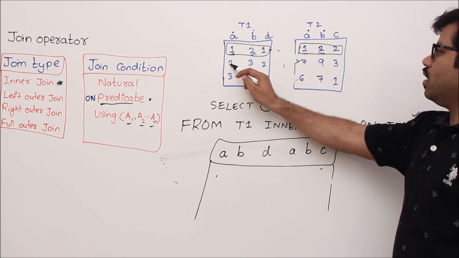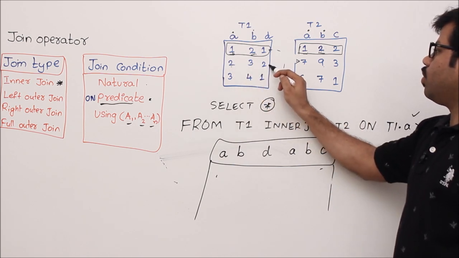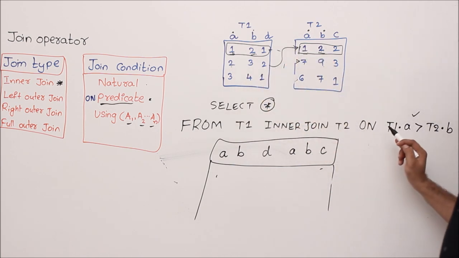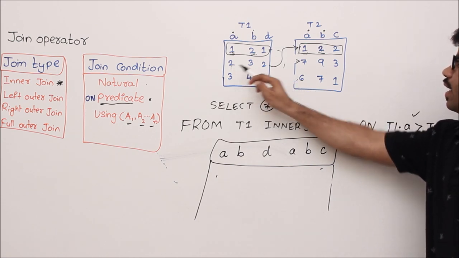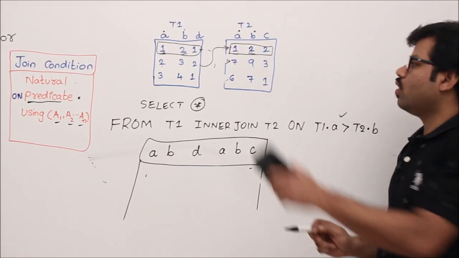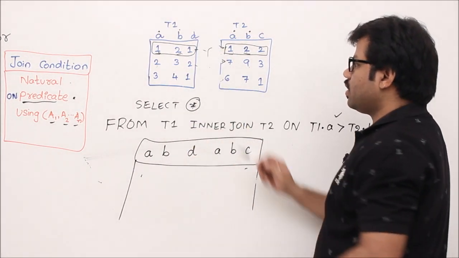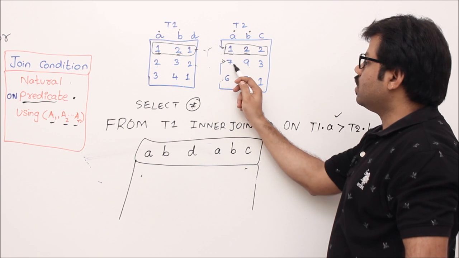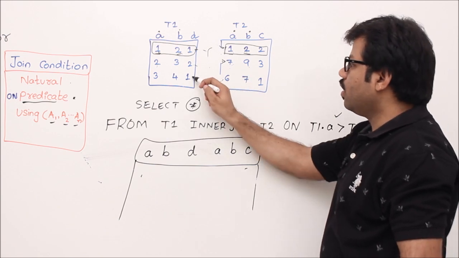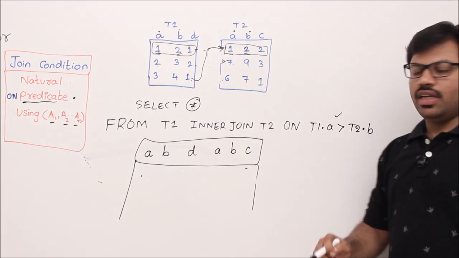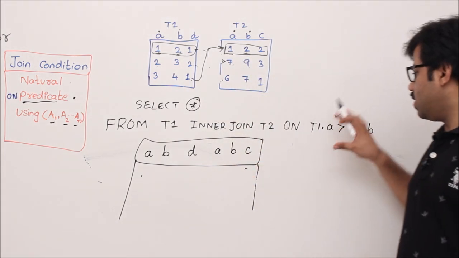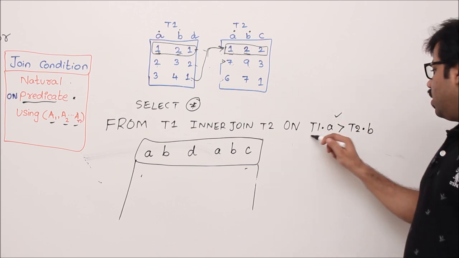Next, this tuple versus the second tuple versus the first tuple, but the only condition is T1.A greater than T2.B. T1.A, 2, greater than T2.B? No, so unfortunately nothing will match here also. So this versus this also will not match, so you have to try. Then I am going to the third tuple versus the first tuple. It is like a Cartesian product, but the only thing is this condition should be matched, right?